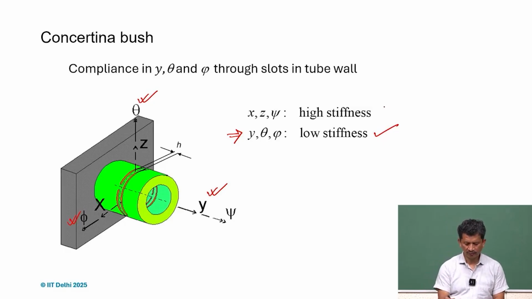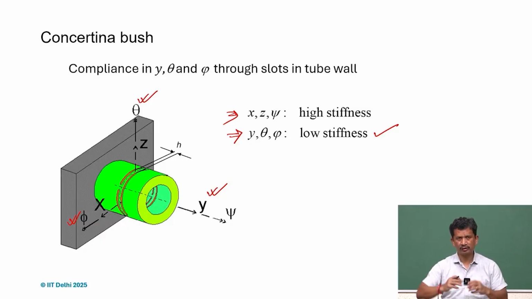At the same time, the constrained directions are quite obvious: in the x and z directions it cannot move. Similarly, since it's a thick wall, T is substantial, so we cannot rotate along the center line as well. So we get high stiffness along these directions.